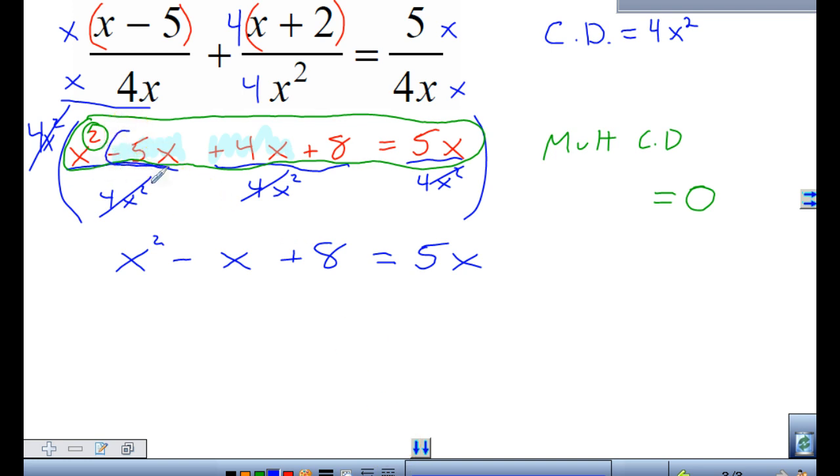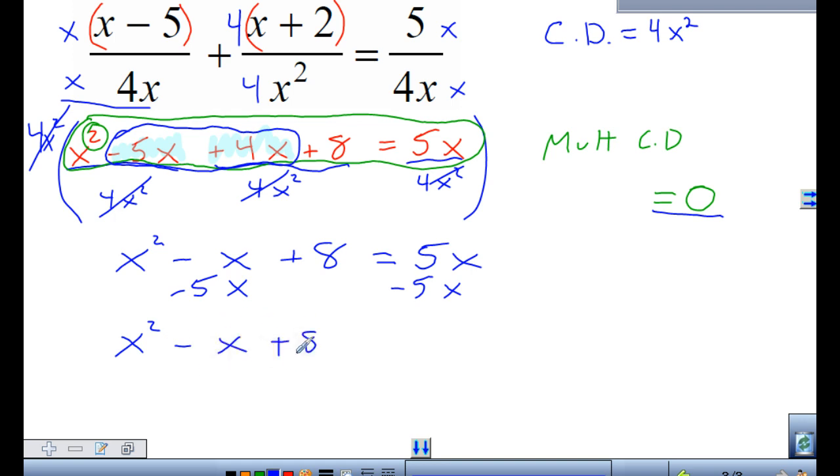If I have two numbers or two variables or two squares on the same side, I'm going to simplify that first, and then get it equal to 0. Minus the 5x equals 0: x squared minus 6x plus 8.